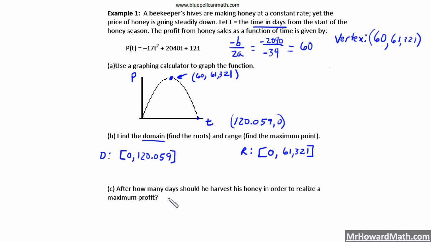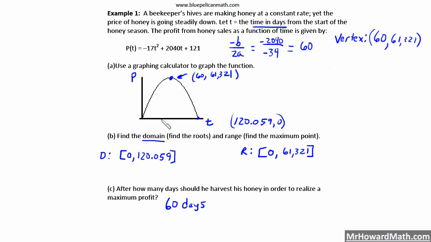So it should be 60 days. Right? That's where his profit is maximized. This is the maximum point, the vertex, and that occurs at a profit of $61,321, and it happens at 60 days. So that's how many days we should look at. Okay? Simple enough. So that's very common where the vertex is an important point on your graph.